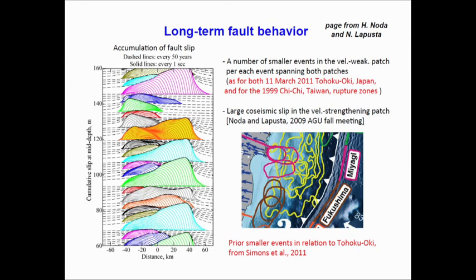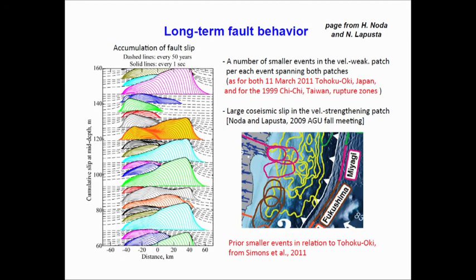What they got is something that resonated with the history both in Taiwan as well as in Japan for the Tohoku earthquake: lots of little earthquakes, well, big enough if you live there, but small compared to the biggest possible earthquakes. Then occasionally these smaller earthquakes grow into a massive earthquake that is able to rupture the thermally pressurized zone.